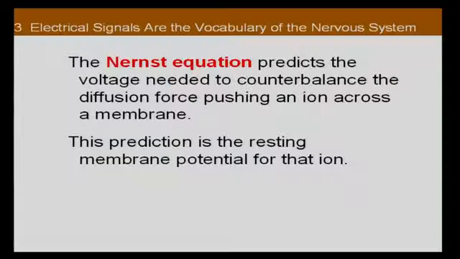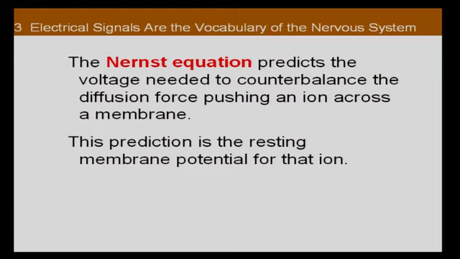Okay, so one important equation that I want you to know at least the name of, you don't have to know all the math behind it, is the Nernst equation. It is a very important equation in neuroscience because it predicts the voltage needed to counterbalance the diffusion force pushing an ion across a membrane.